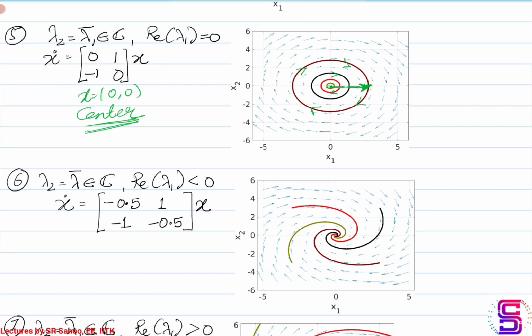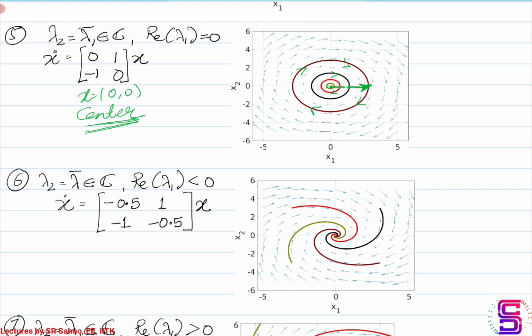Oscillations. So the evolution of x1 and x2 with respect to time is oscillatory in nature. That is why when you plot x1 with x2, the trajectory is essentially a closed periodic orbit. Okay, now coming to the case when the complex eigenvalues are such that the real part is negative.